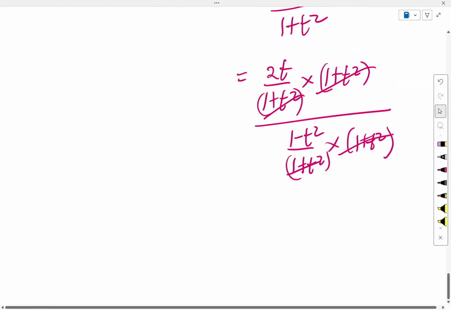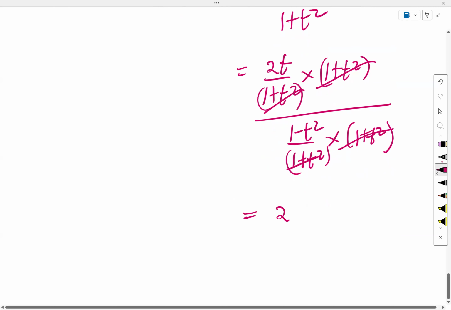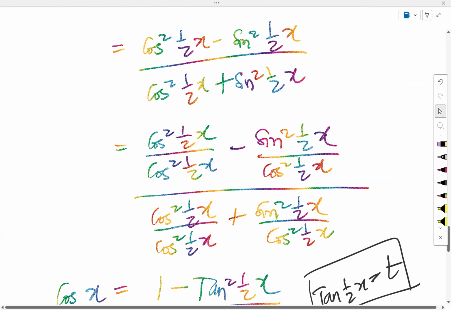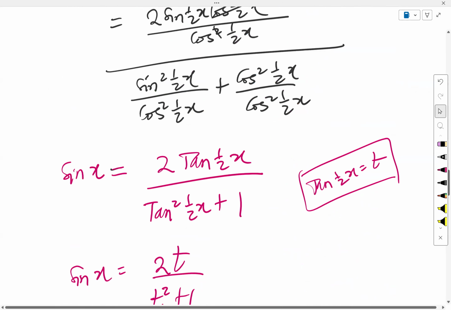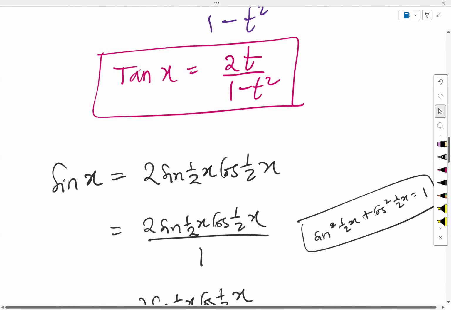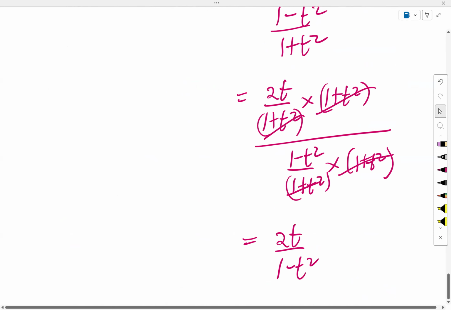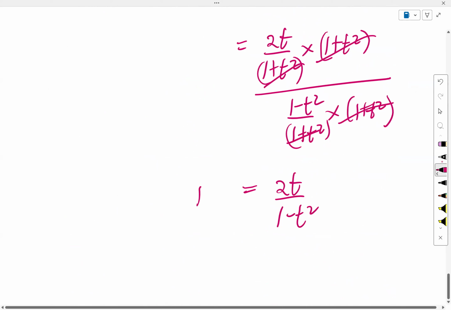And then we end up getting 2t over 1 minus t squared, which is actually correct, right? Which is the tan x we started out with. So even under the transformation, everything is in order.